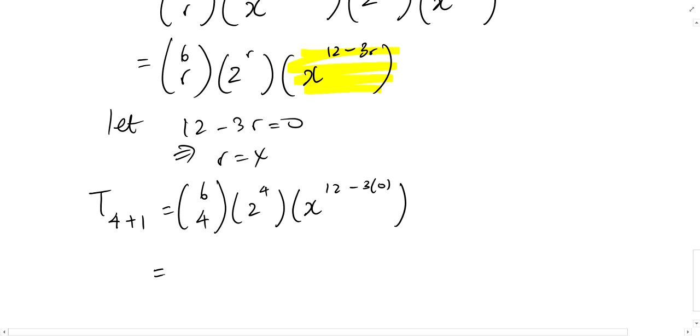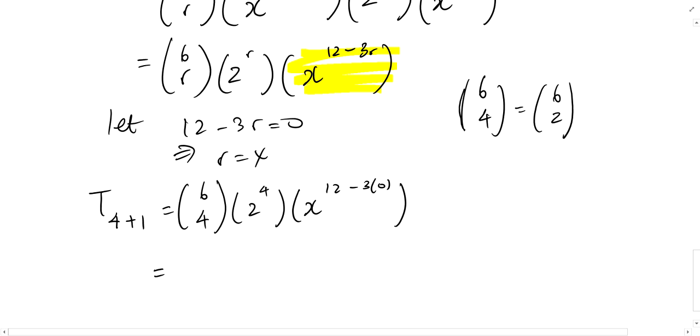6 choose 4. Wow, so fast. 6 choose 4 is actually the same as 6 choose 2, right? Symmetrical: 6 choose 0, 6 choose 6, 6 choose 1, 6 choose 5, 6 choose 2, 6 choose 4. Get it? So 6 choose 2 is much easier to work out.